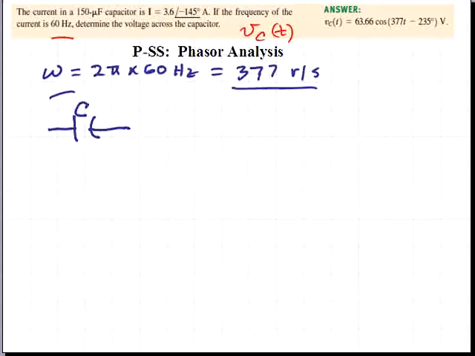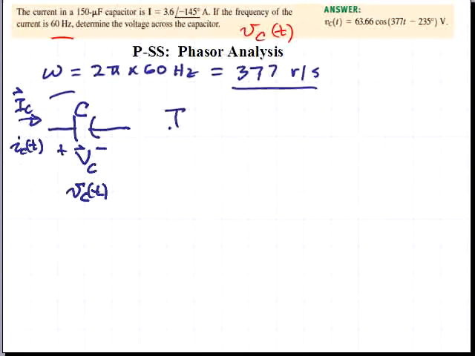We have a capacitor, we have a phasor voltage across that capacitor. Ultimately, we want to find the time domain voltage across the capacitor, and we have the phasor current I sub c and the corresponding time domain current i c of t.